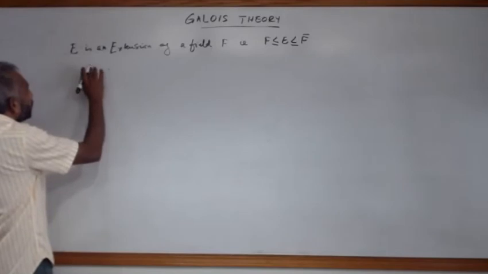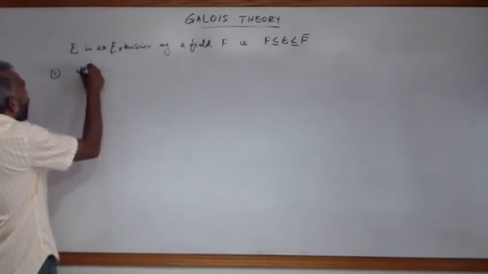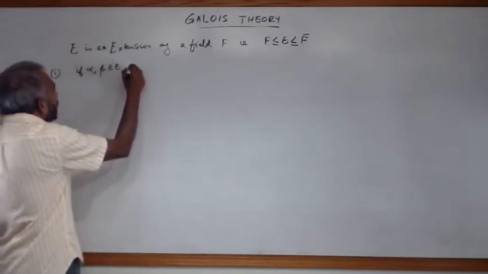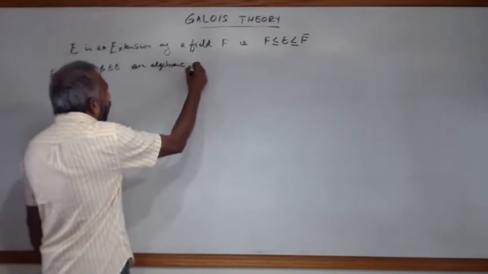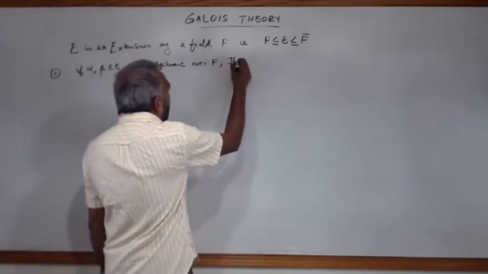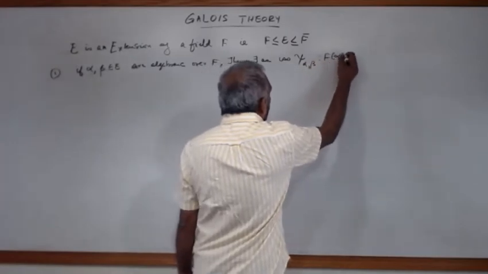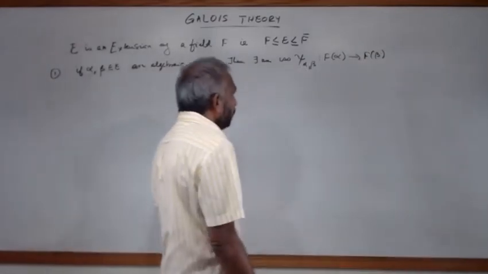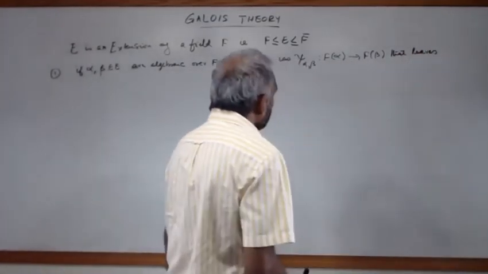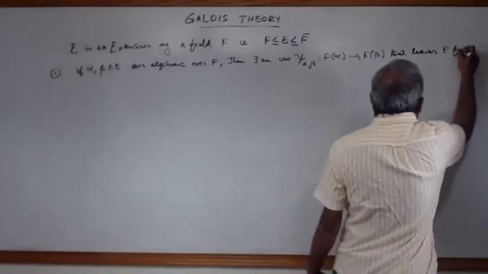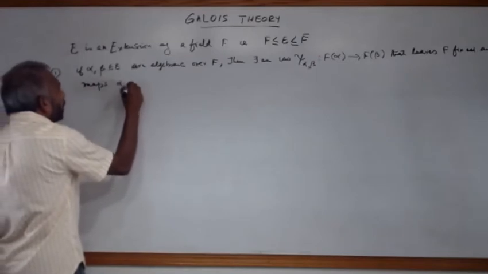The first one is, if alpha, beta belonging to E are algebraic over F, then there exists an isomorphism psi of alpha, beta from F(alpha) to F(beta) that leaves F fixed and maps alpha to beta.